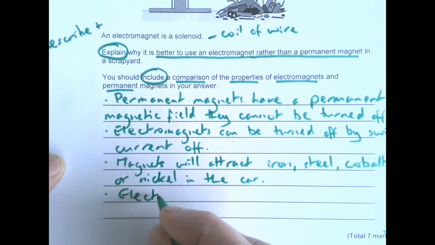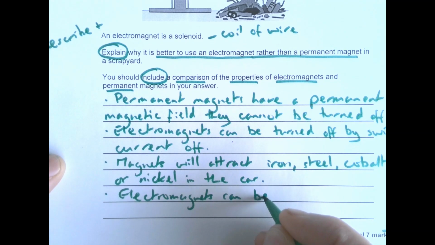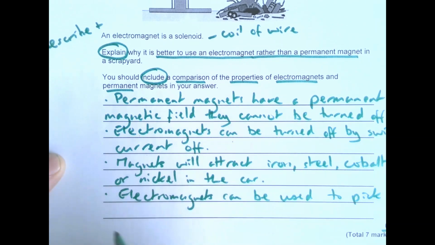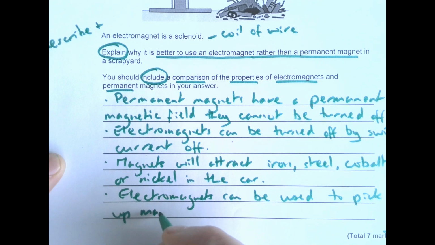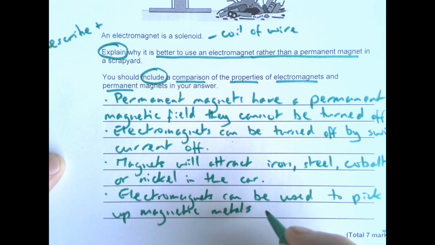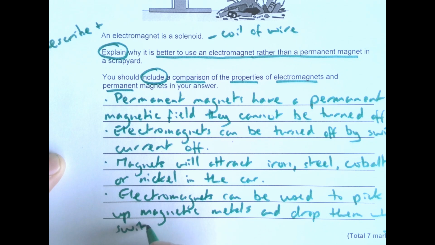Electromagnets can be used to pick up cars, so pick up magnetic metals and drop them when switched off. Okay, that's good, whereas we know permanent magnets can't.